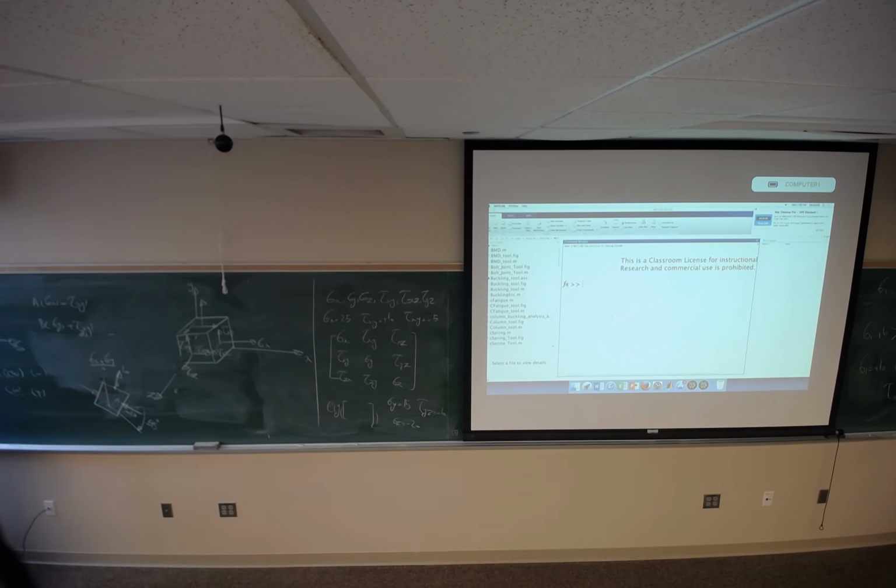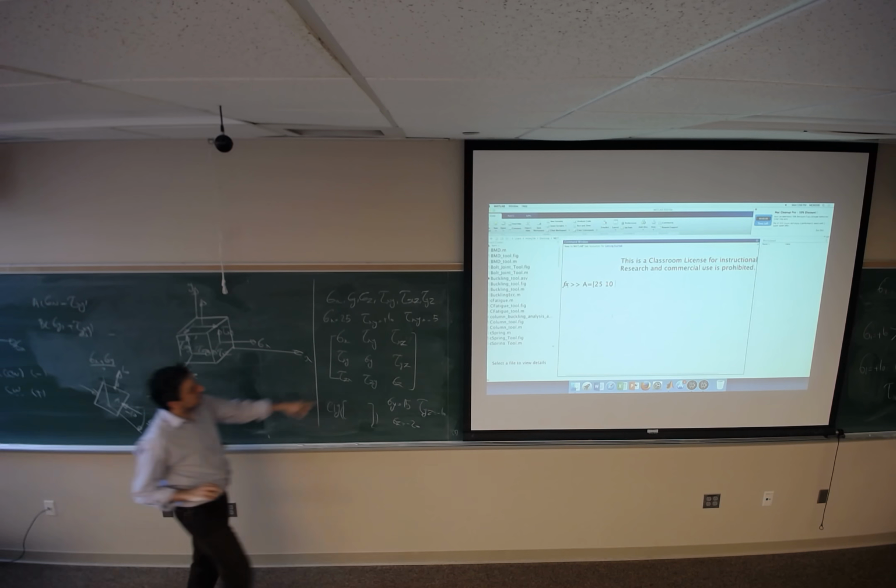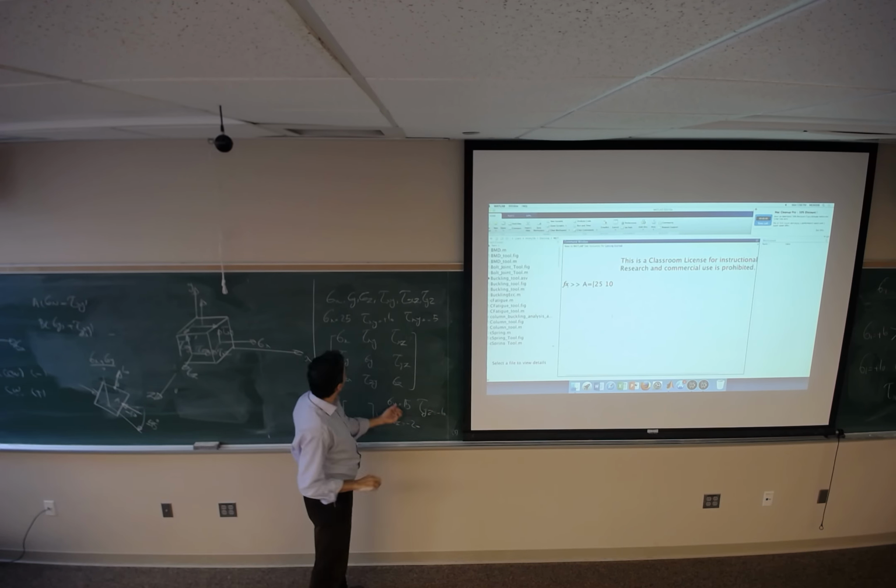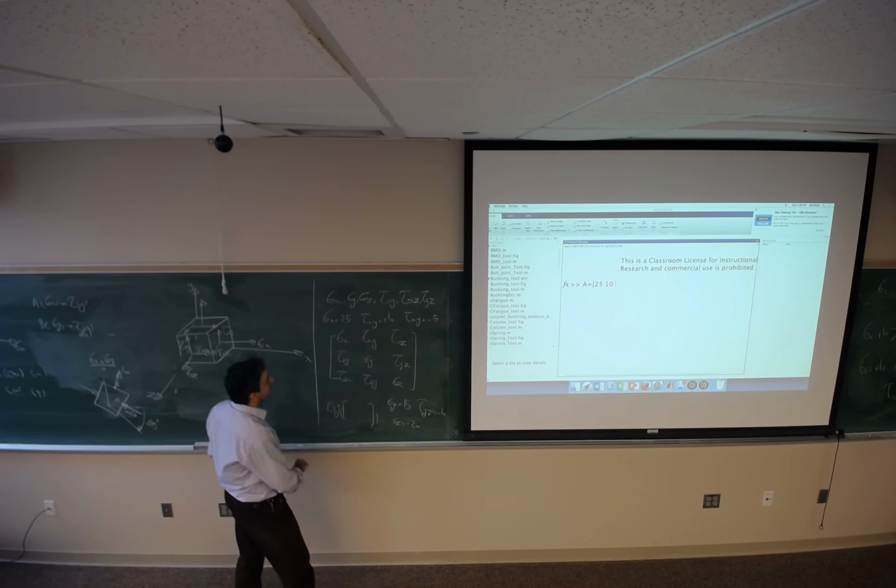Just enter the numbers in the matrix. Matrix A: the first row is sigma x 25, tau xy 10, and tau xz negative 5, since tau xz equals tau zx.